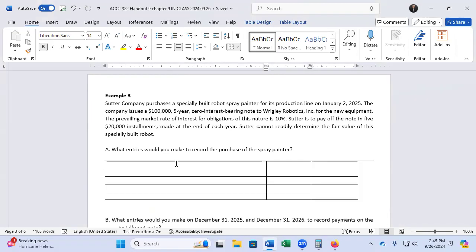So here we are for our debit, and we got robot paint sprayer. And then I assume we're gonna have a discount on notes payable.